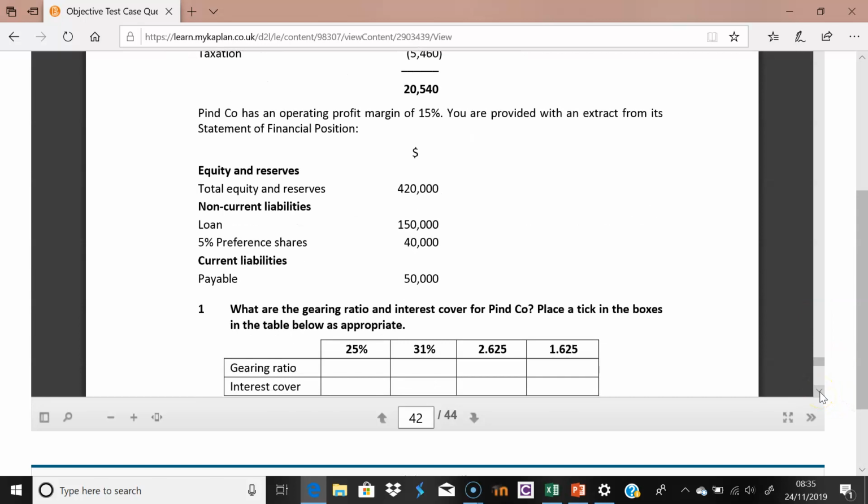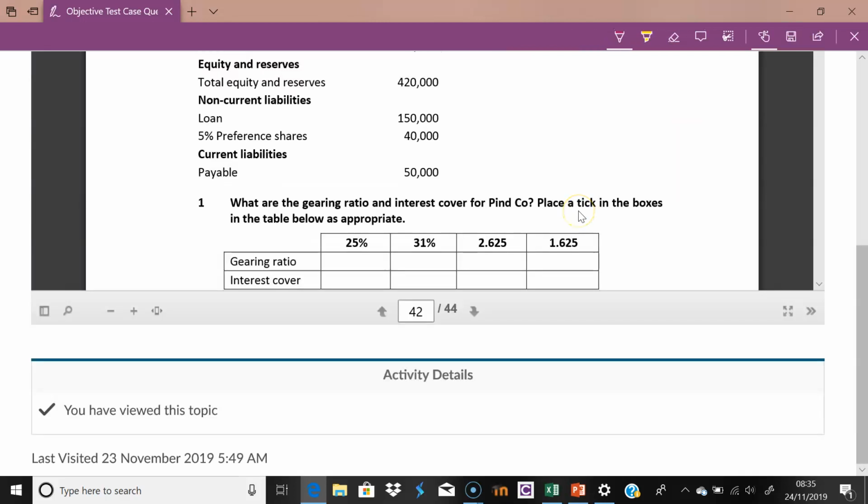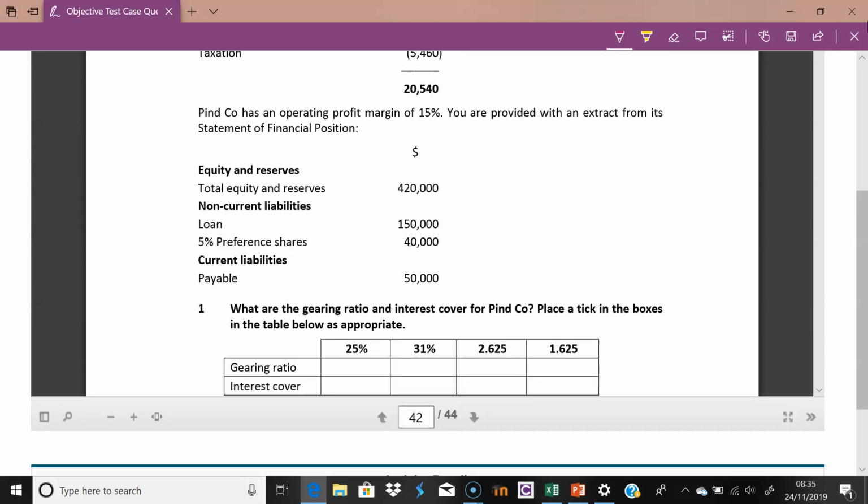Sometimes gearing can be interesting. I'll be honest with you, I did both gearing tools. Typically gearing is debt over equity or debt over debt plus equity. So you need to almost try both. They're not going to confuse you by giving you both answers.